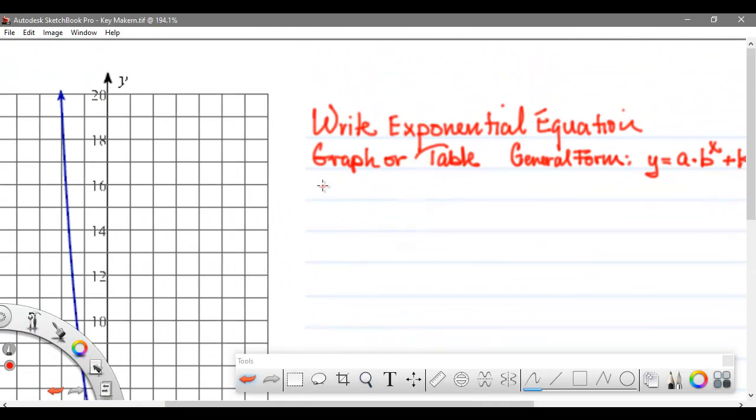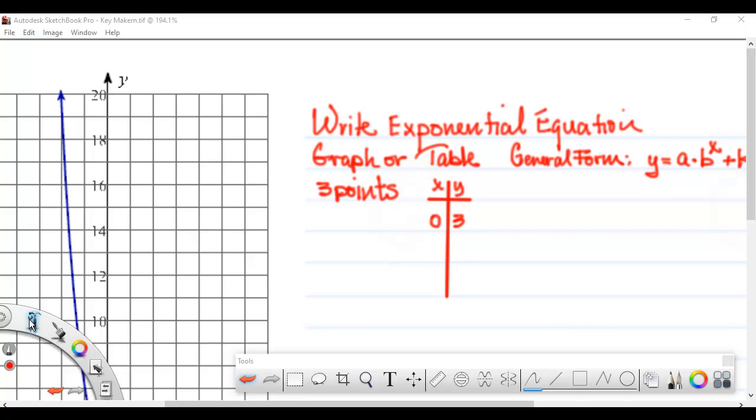And so now what I want to do is I'm going to grab 3 points from this table. And the first point, I think it's the most important one to remember. It's called the y-intercept. And even though it's not going to be the value for a, the y-intercept is the point on the graph where the line of your equation crosses the y-axis, and that is at (0, 3).